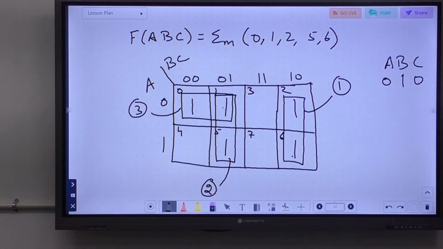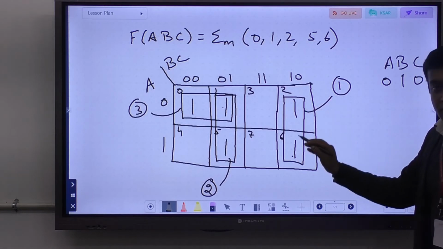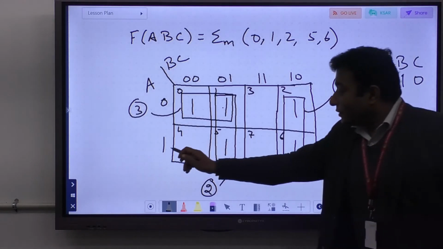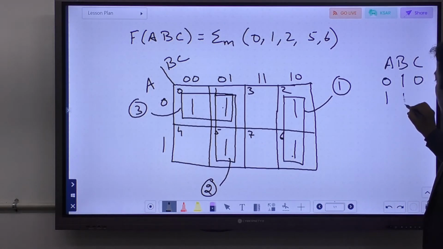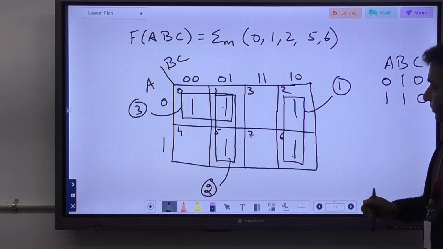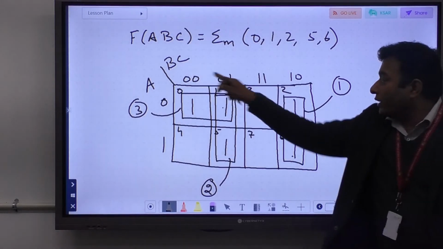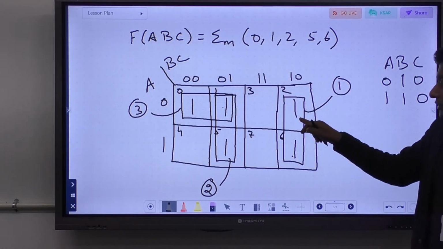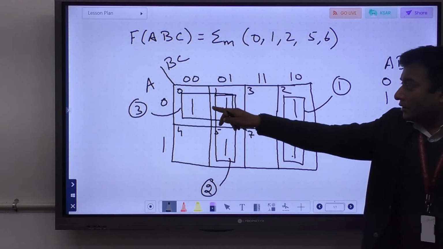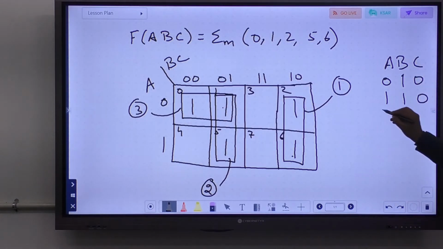So this is what I had written. For this particular one, because it lies in the same group, the value is 1, 1 and 0. A is 1, B is 1 and C is 0. And for this particular one, A is 0, B is 1 and C is 0. So this is what we had written here.